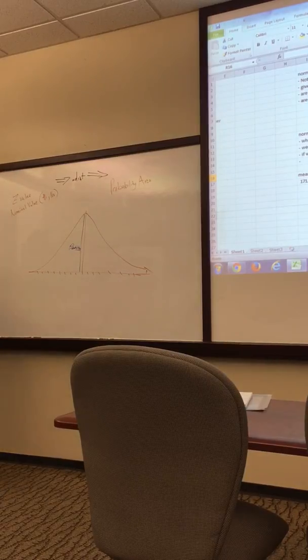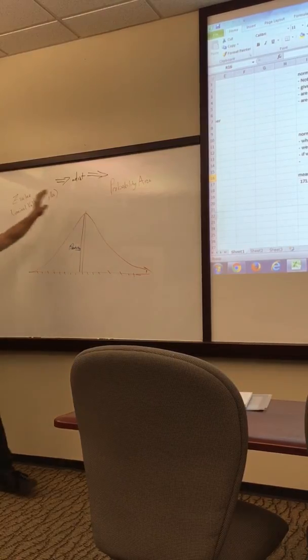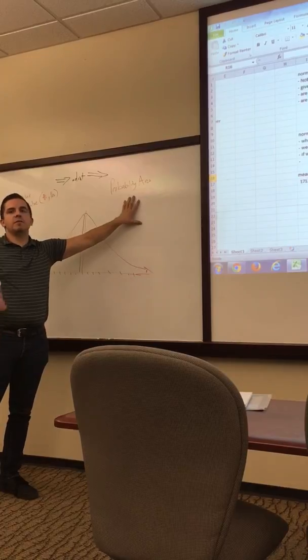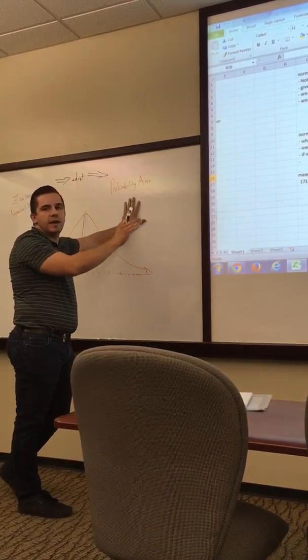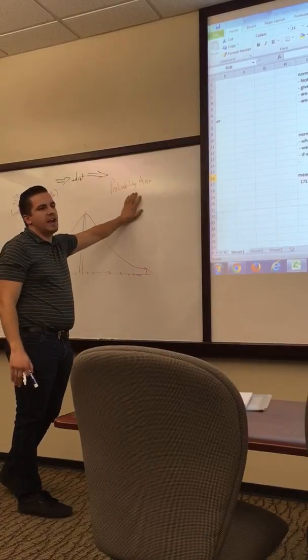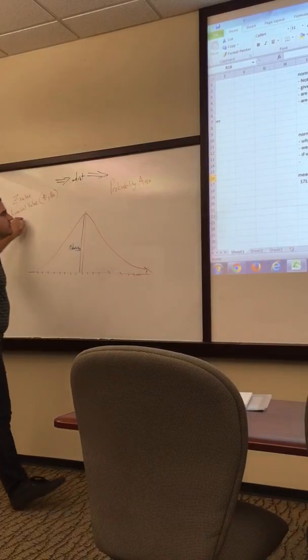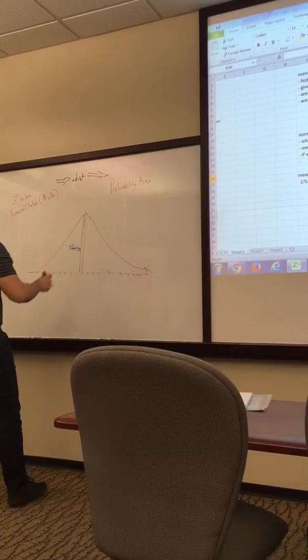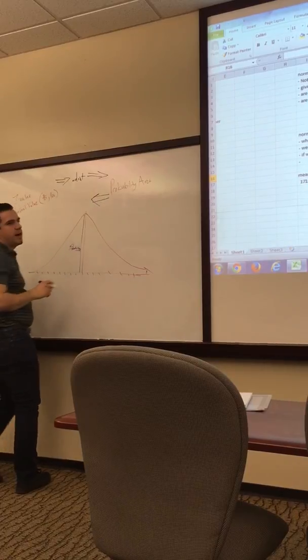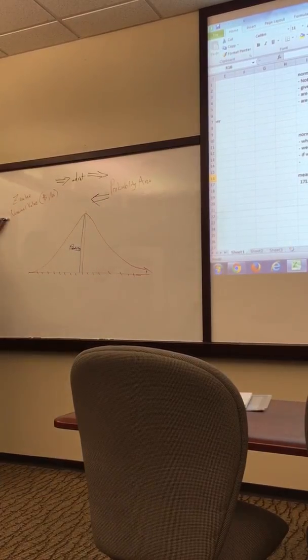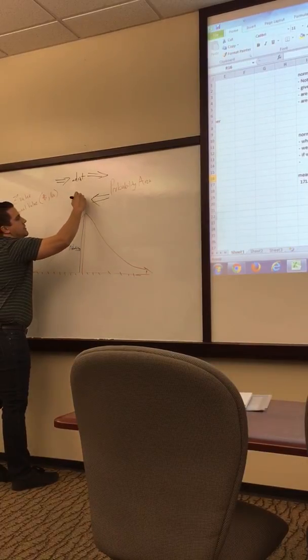If we're given a z-value, or we're given a mean and a standard deviation and a value that we're comparing, and we want to find the probabilistic area, what its rank would be among the full population, or what the area to the left is given that value, we use dist. If we're given a probabilistic area and we want to find a z-value or nominal value that pertains to that probabilistic area, then we're going to use our dot inverse equations.